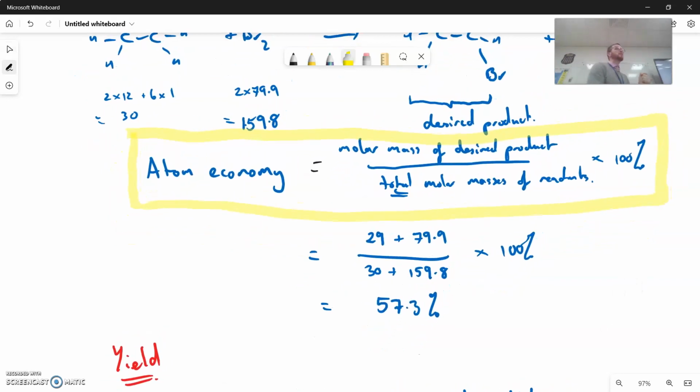We've looked at yield from an equilibrium point of view. Let's do a quick recap. How do we increase the yield of an equilibrium system? We want to have a net forward reaction. So if I've got an exothermic reaction, how do I increase the yield? Cooler. Right, exothermic reactions are favoured in cooler temperatures.